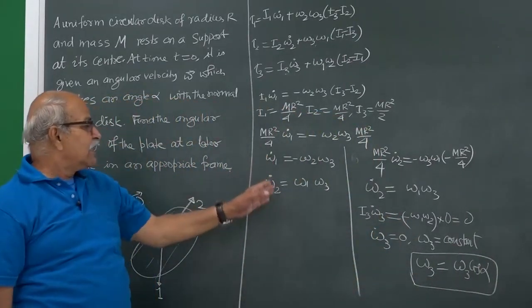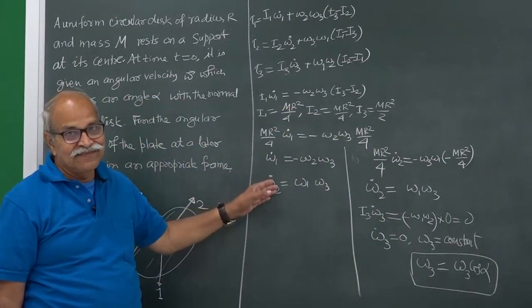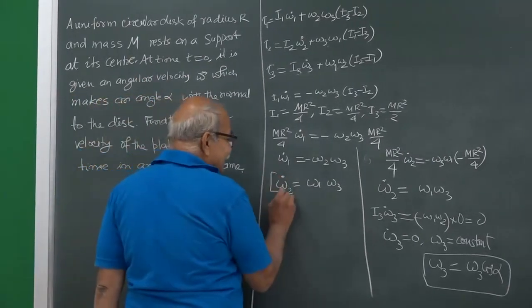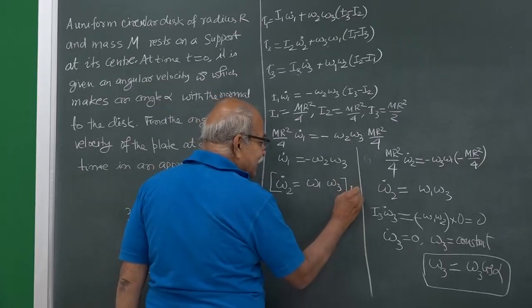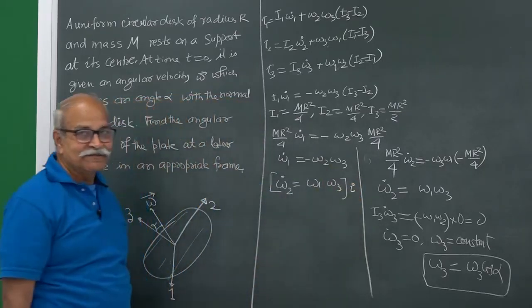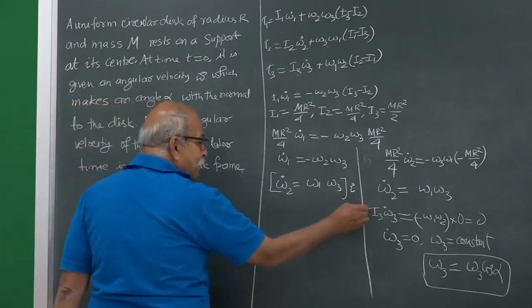Look at omega 1 and omega 2, and let me use the same technique I had used earlier: multiply it by i, where i is square root of minus 1, and add.